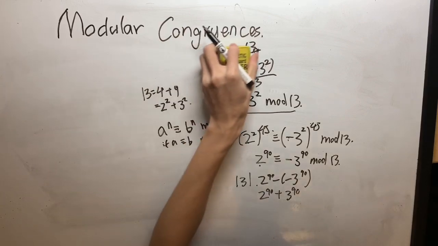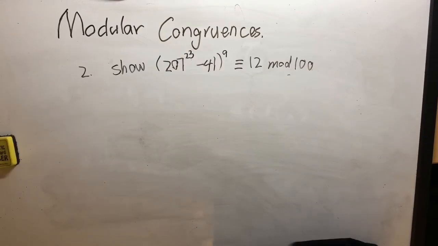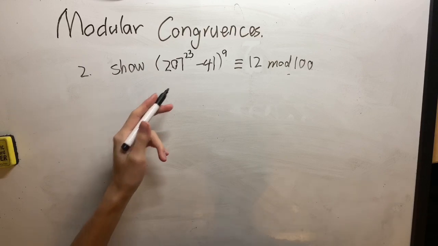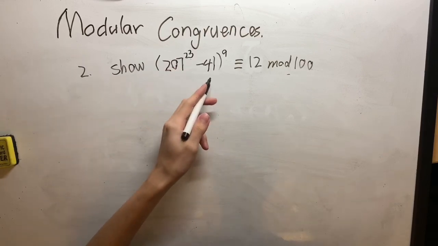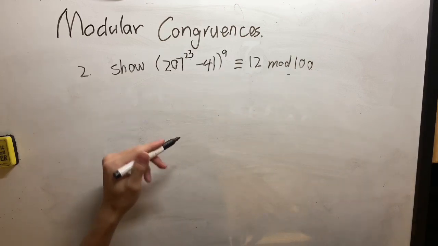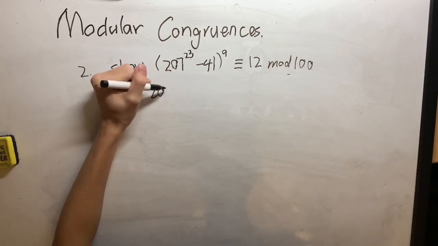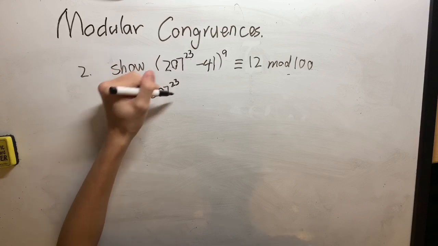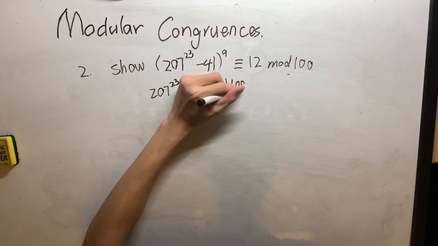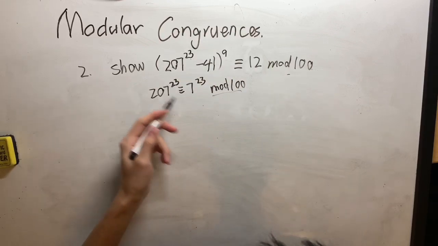Now let's look at the next one. Now for the next problem, show that 207 to the 23 minus 41 to the 9 is congruent to 12 mod 100. So first let's look at 207 to the 23. This is congruent to 7 to the 23 mod 100, because mod 100 is basically finding the last 2 digits of a number.